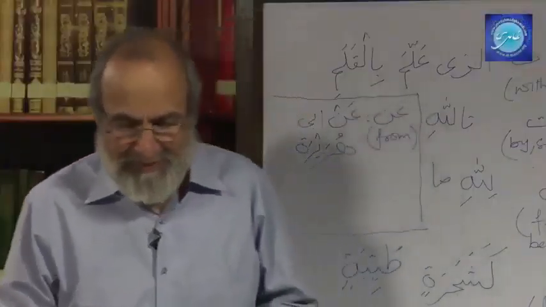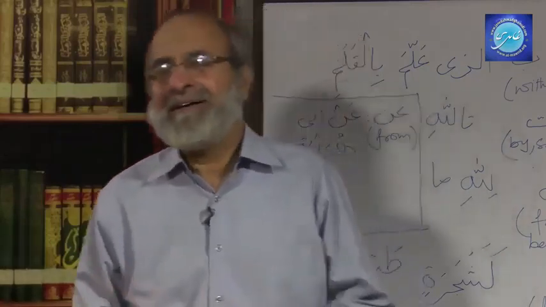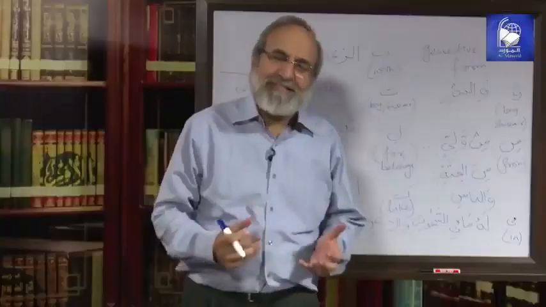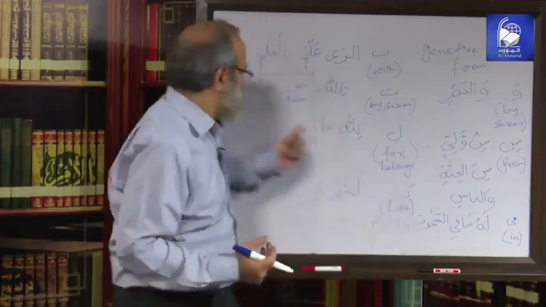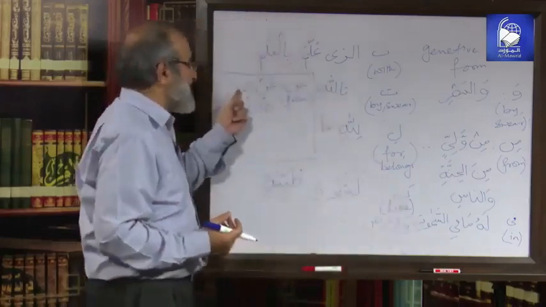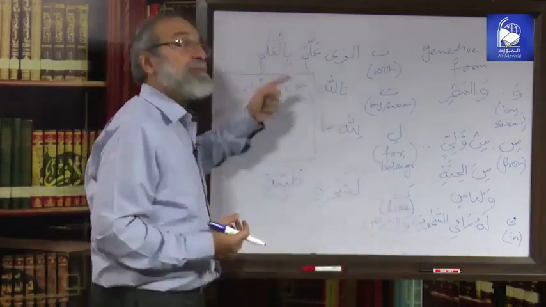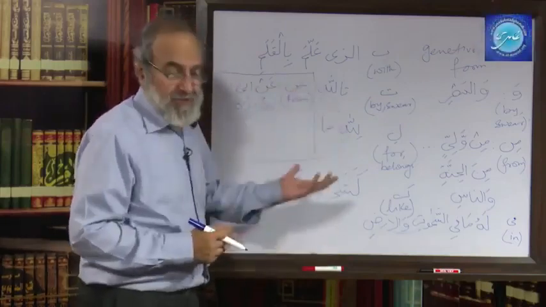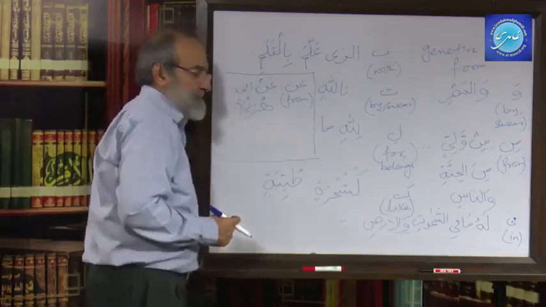When it is in the form of nasab, the accusative case, it's Aba. And when it is in the form of jar, the genitive case, it's Abi. So here it's jar, and this jar has been required because of an, which again is harf jar.